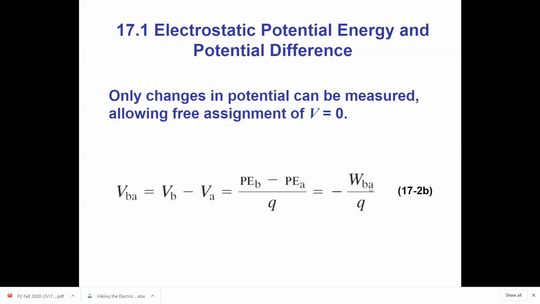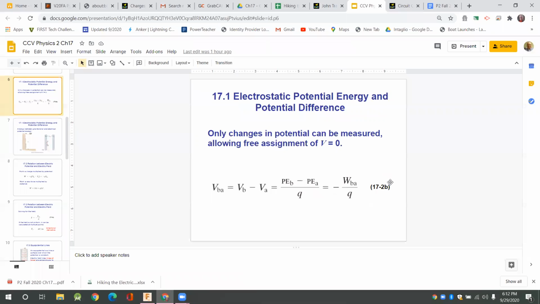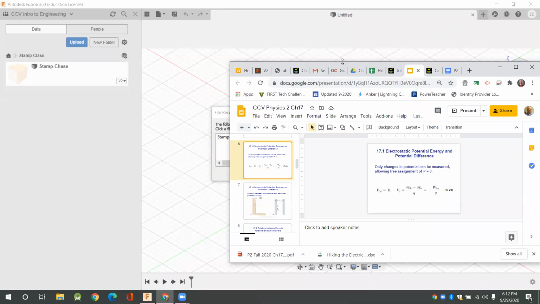So I'm going to stop for just a second, and I'm going to get out of this presentation mode. And then I'd like to share a little file. Actually, I was working on this right before we started, right before I got online. So you can see this on Moodle.